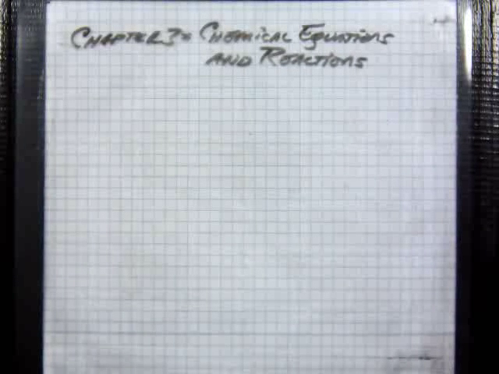When we talk about chemical equations and chemical reactions, we want to give you first the format for them. Most of you already know this. And then the concepts of balancing, and then the types of reactions and so forth.